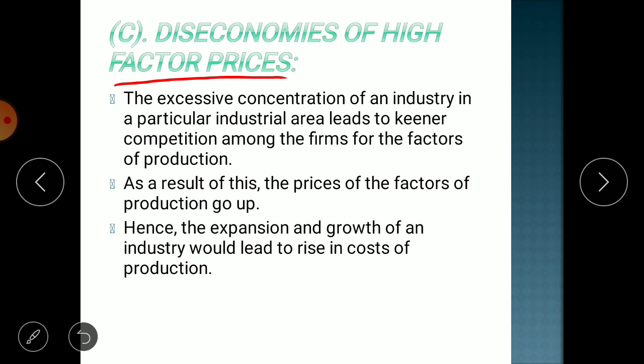But if every firm goes over there, then demand for the land will increase, which will increase the prices of land. You can take the example of Mumbai. In India, we can assume that the highest land prices are there in Mumbai. Why? Because the population within Mumbai is more as compared to the land area available.